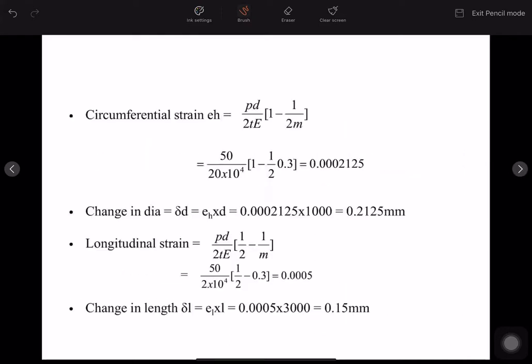For that we need to calculate strains. As we have seen in the earlier equations for different types of strains, epsilon h is equal to PD by 2TE into 1 minus 1 by 2m, or it can be written as 1 minus 2 mu.